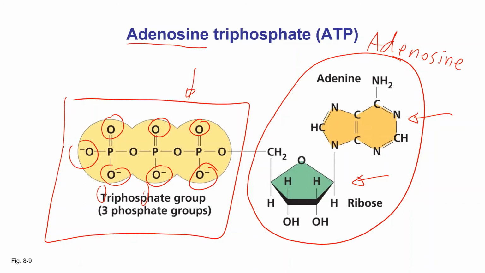So in order to get all of those things together, it would have taken energy, and that means there's energy stored in these bonds. So this bond here and this bond here, there's actually a significant amount of energy stored. So ATP is a place where we can store energy, at least temporarily. It's not the type of molecule you want to store in loads because it's not as easy to store as other compounds and not as stable, but it's a good transient energy source.